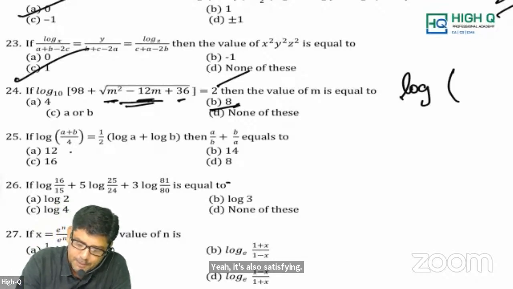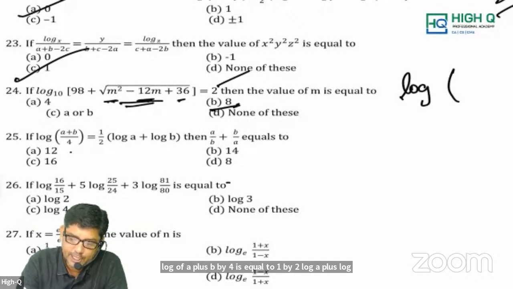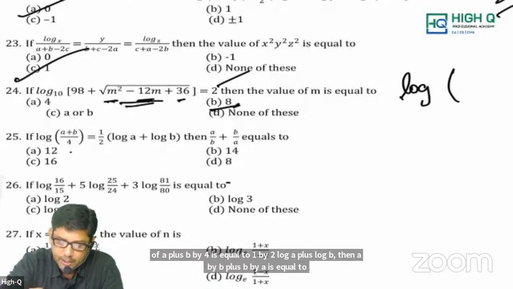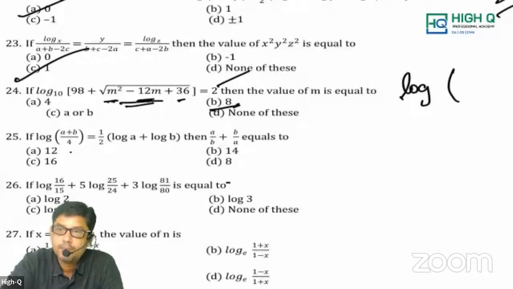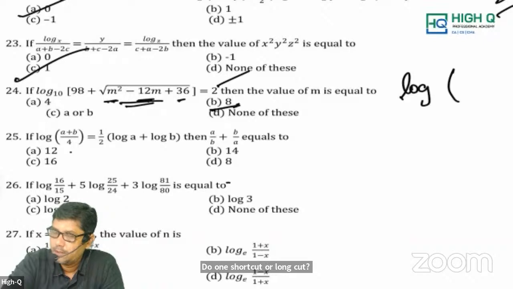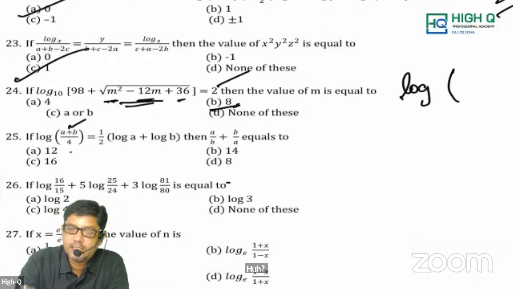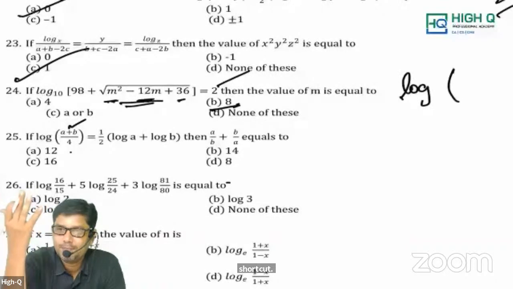Log of (a plus b) by 4 is equal to 1 by 2 (log a plus log b). Then a by b plus b by a is equal to? You want shortcut or long cut? Shortcut. a plus b, sometimes the question may be a minus b.